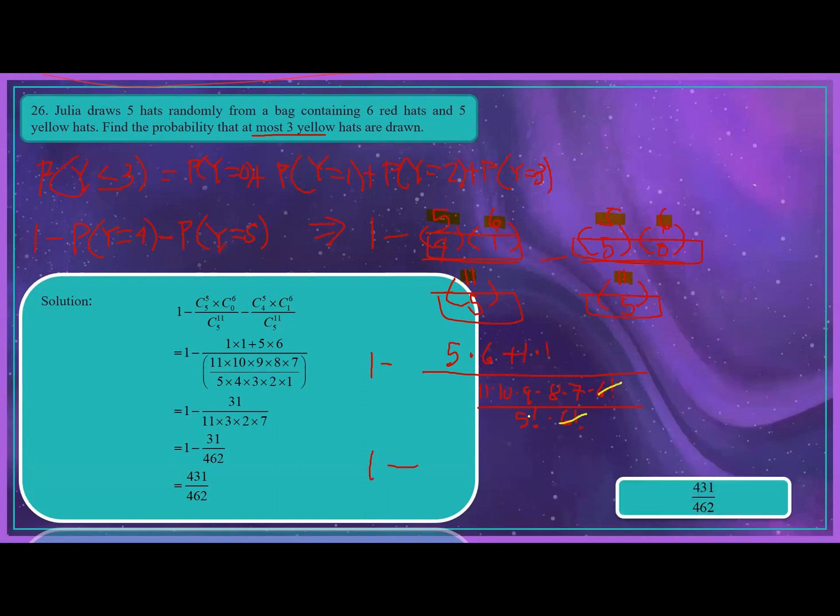Let's cancel this out. Cancel 120, since 5 factorial is 120. So you have 31 times 1, over 11 times 3 times 2 times 7.